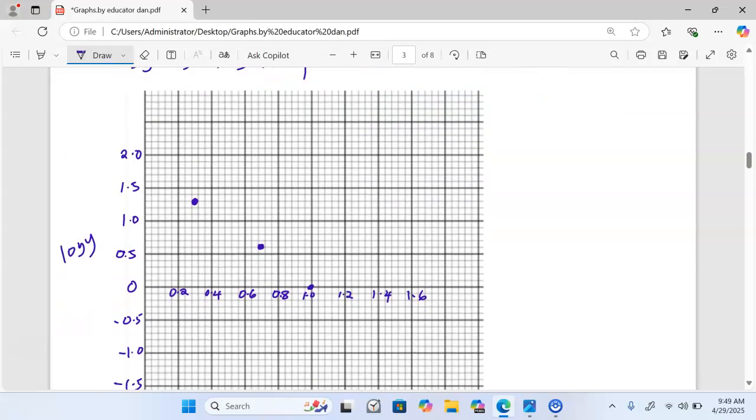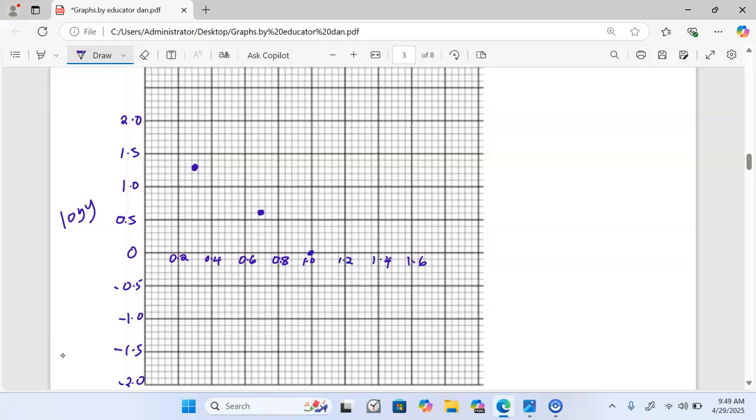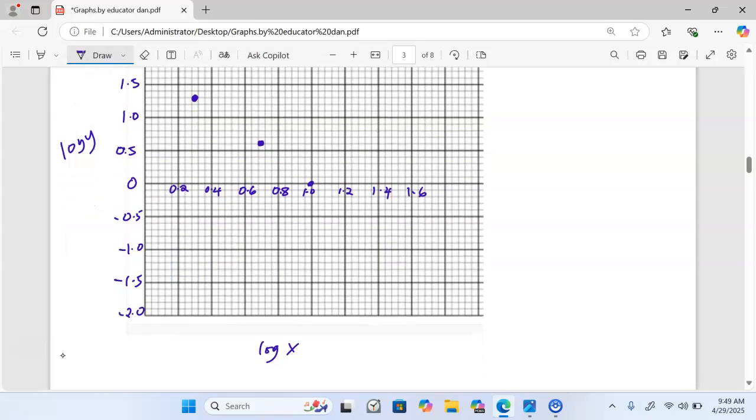So 1.3 is between 1.2 and 1.4. So we move down, and when it is 1.3, it is going to give us negative 1.4. Negative 1.4 is going to be here.